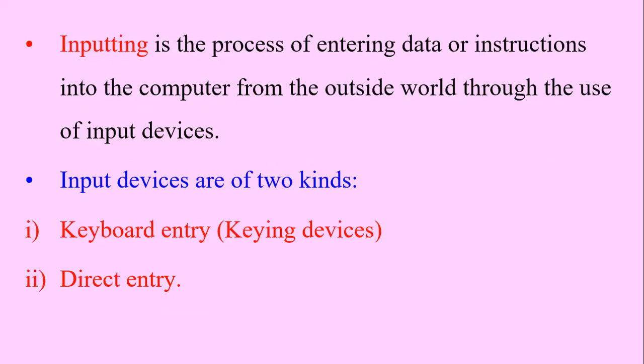Inputting is therefore the process of entering data or instructions into the computer from the outside world through the use of input devices. And these input devices are of two kinds. These are the keyboard entry devices that we also refer to as keying devices, and the direct entry devices.